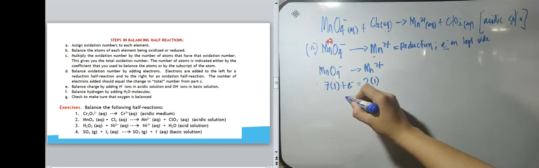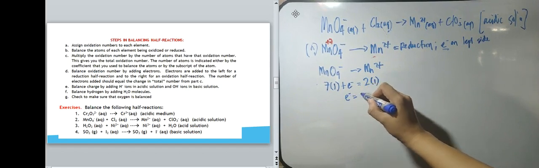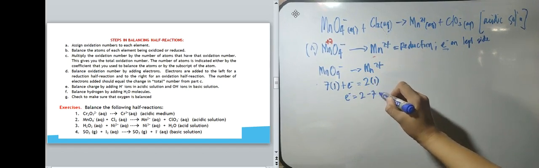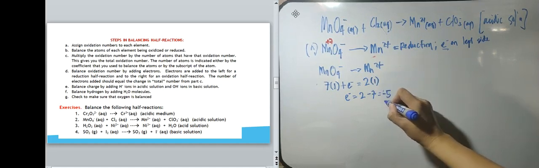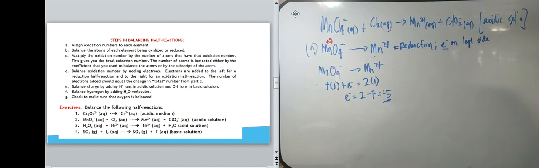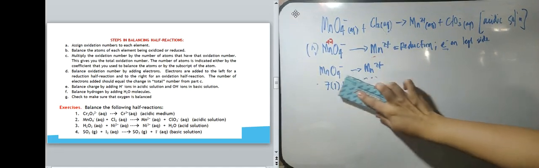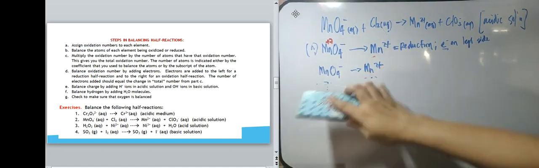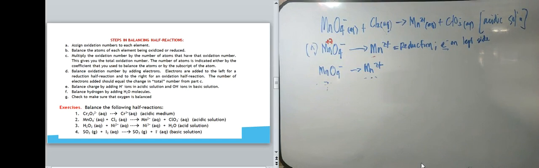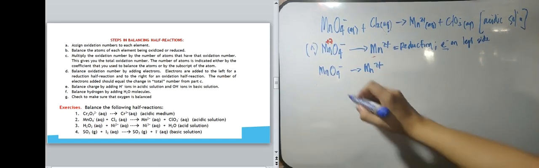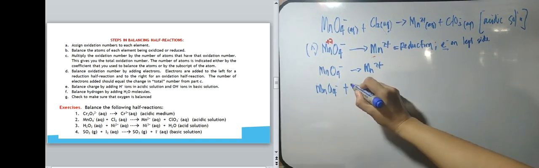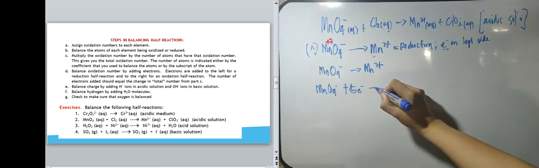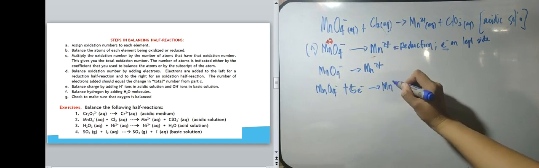So, therefore, E is equal to 7 minus 2 is equal to 5. So, we need 5 electrons for the reaction. So, we may now write MnO4 minus plus 5 electrons to Mn2 plus.